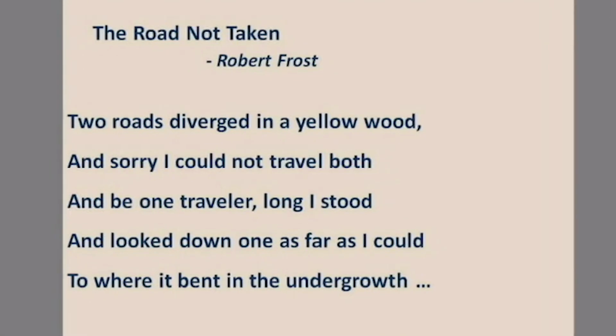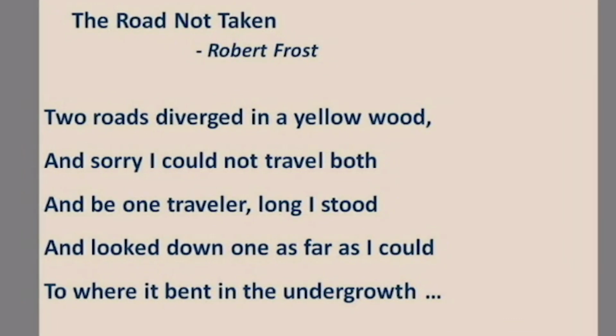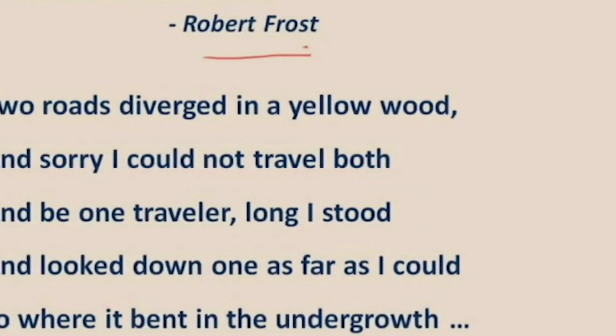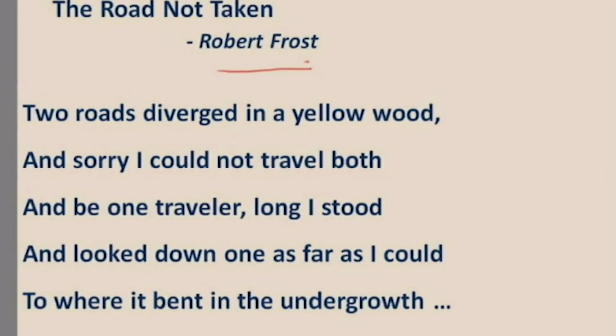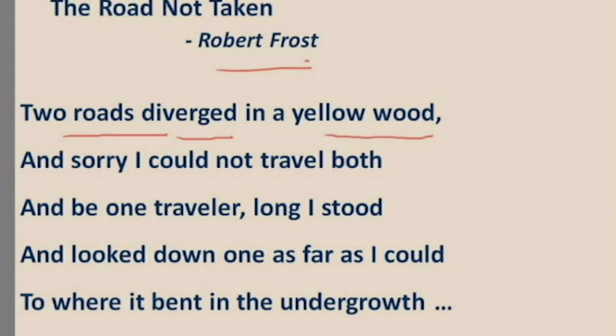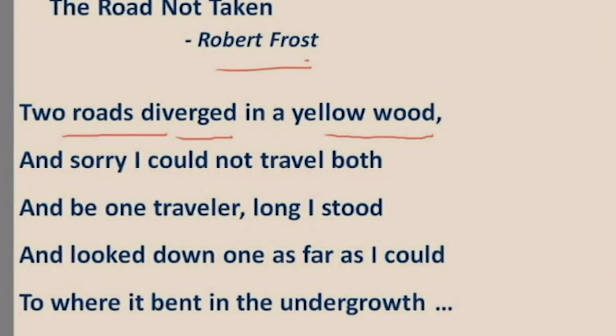So this is the first stanza of the poem The Road Not Taken by Robert Frost. Now in this stanza, the poet came across two roads. These two roads diverged, which means division, in a yellow wood. The wood normally refers to the forest. During that time, it must be the autumn season where the leaves turn yellow.